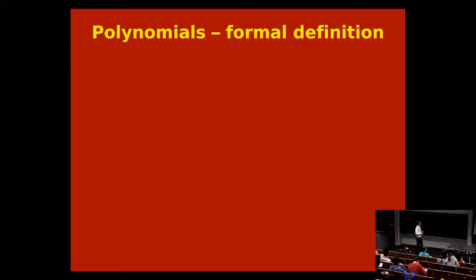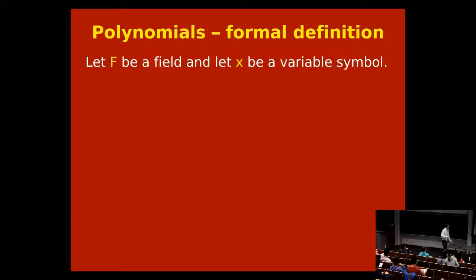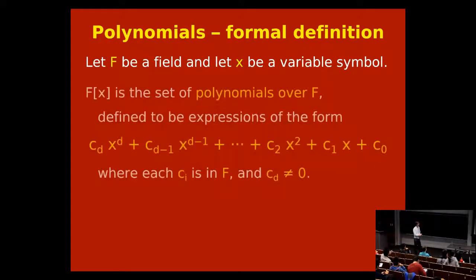OK, so here's a more formal definition of polynomials, which I'll present because it'll let me make a few more definitions. Let F be a field, and let x be a variable symbol. So F square brackets x is the set of polynomials over this field.